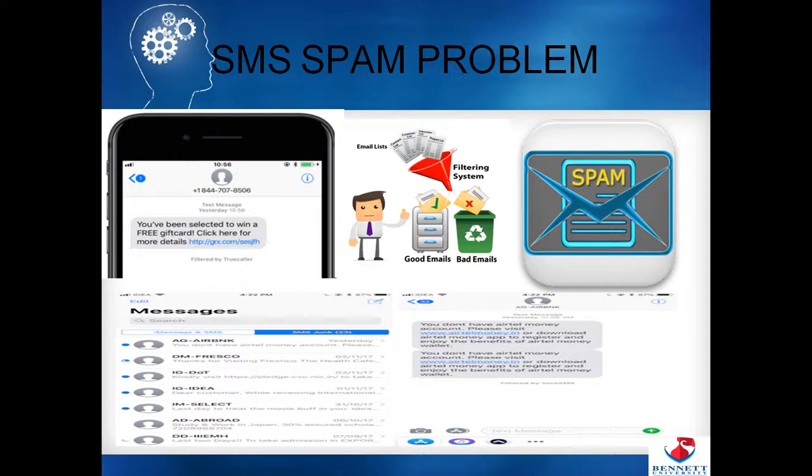If a mail has text like you have won something, you have won a prize, it goes to a spam folder, which is automatically created by the Google Gmail service. If it is a good email without such text, it goes to your inbox. So there are good emails, bad emails, and the filtering system.